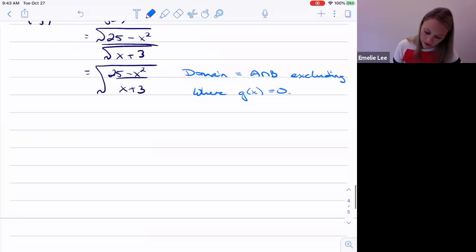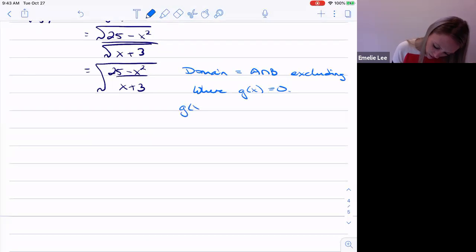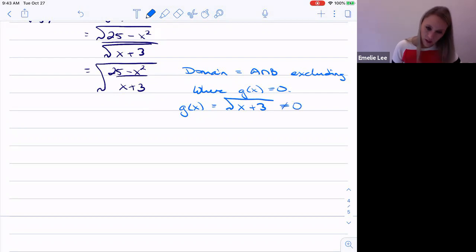Okay, so g of x is the root of x plus 3, and so it can't equal 0. So now we're saying, okay, well, I can square both sides, so I get x plus 3 cannot be 0 squared. 0 squared is just 0. So x cannot be negative 3.